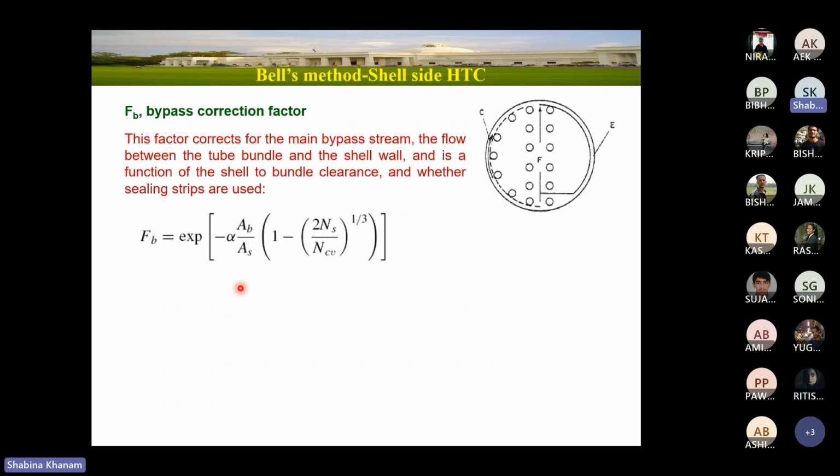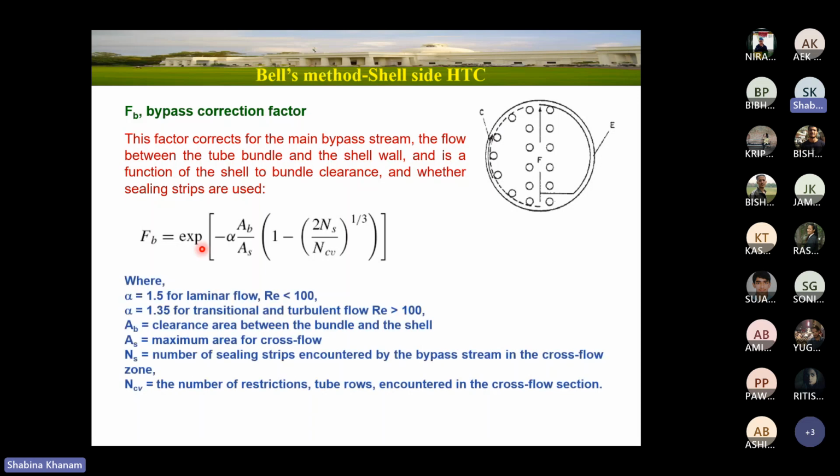FB is the factor which counts the effect of the sealing strips, or it gives the bypass correction factor. All these parameters you can see. Alpha we have 1.5 for laminar flow; depending upon the Reynolds number you can see the alpha value. AB is the clearance area between bundle and shell.